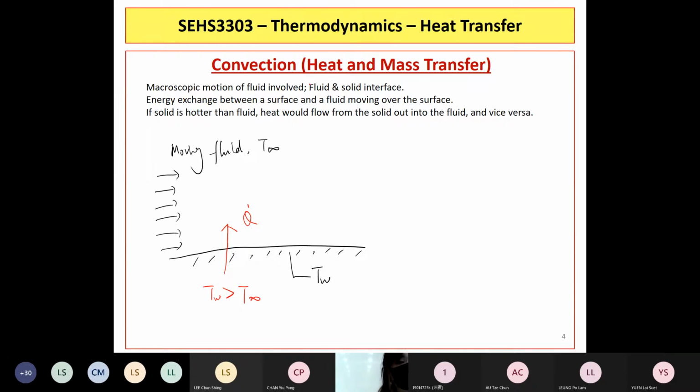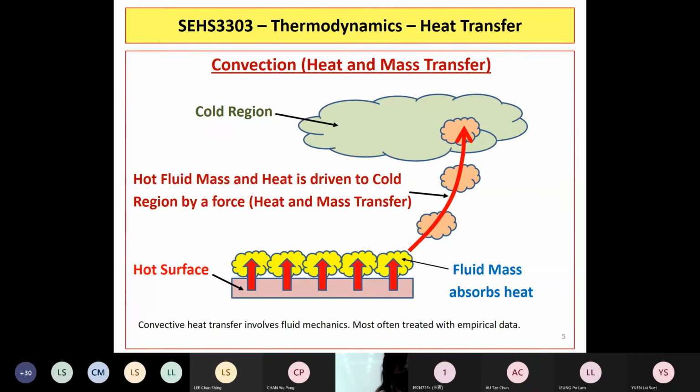Here, you should pay attention. Convection involves the macroscopic motion. That means convective heat transfer definitely involves fluid mechanics, right?